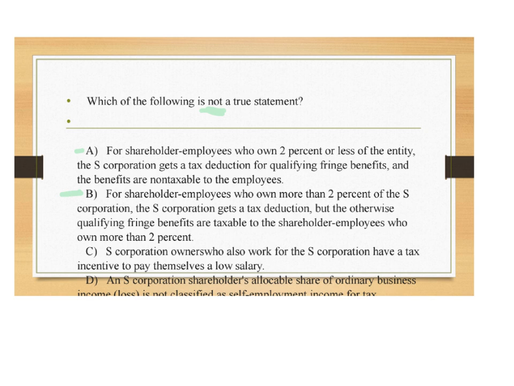That is also true. D should say an S corporation shareholder's allocable share of ordinary business income or loss is not classified as self-employment income for tax purposes. That is also true.